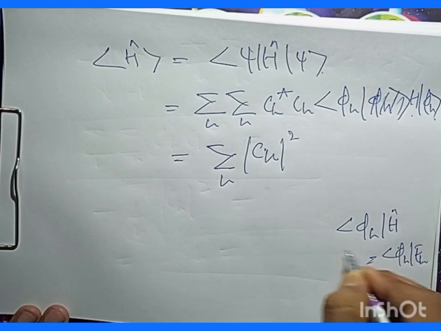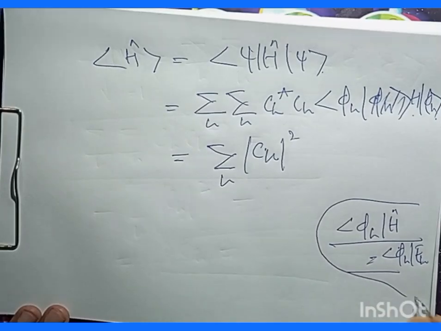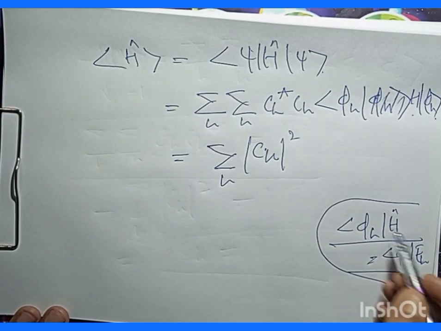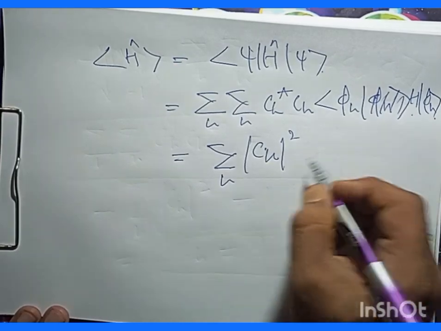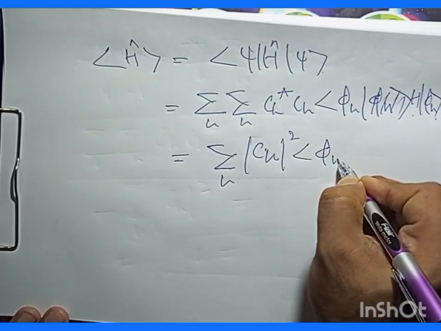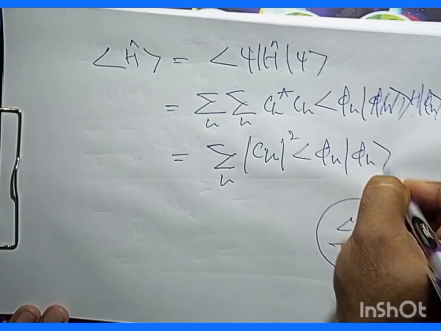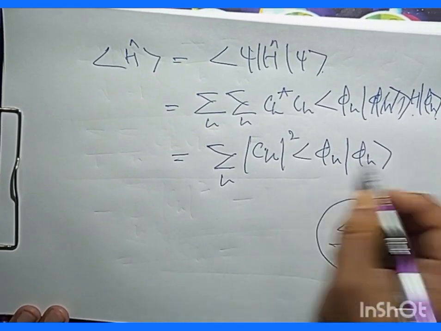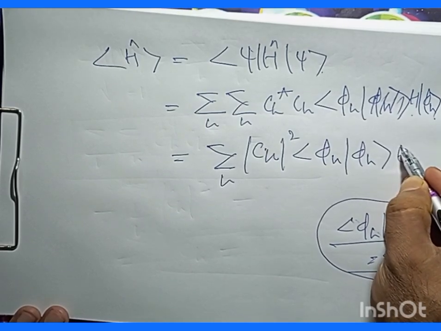So this is the Schrödinger equation. In the bra-ket notation, since En is the energy eigenvalue, it's a constant, it will come out, so this is En.